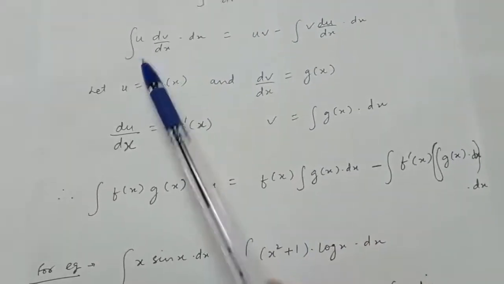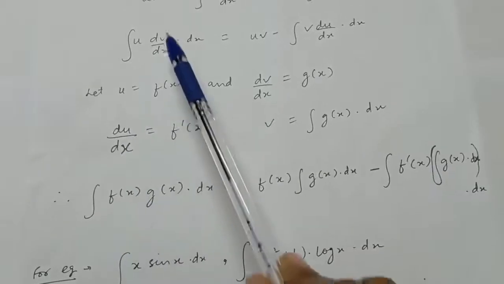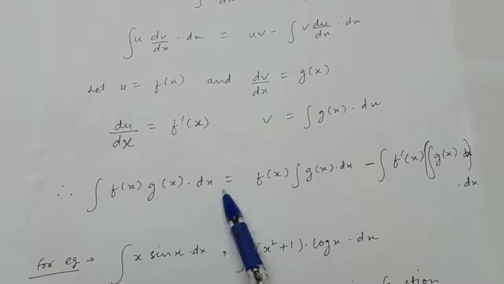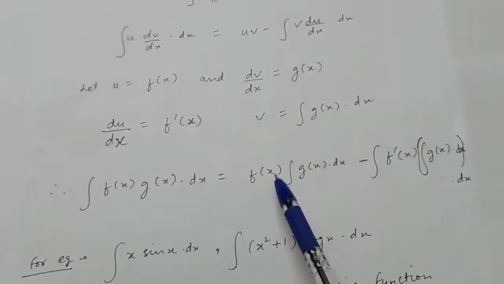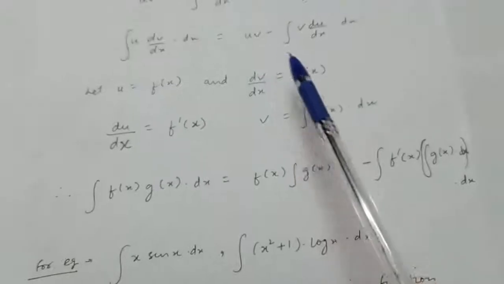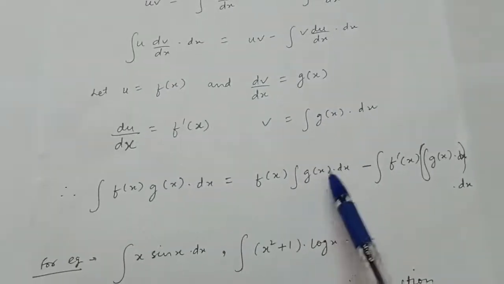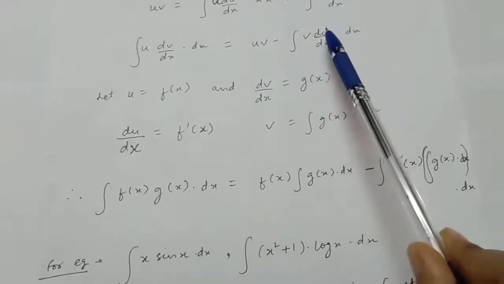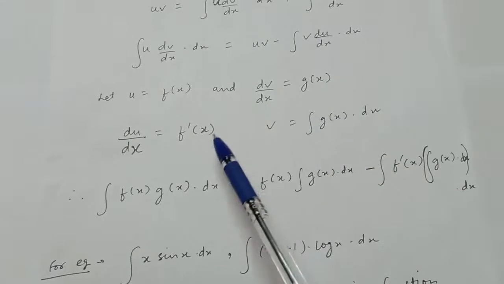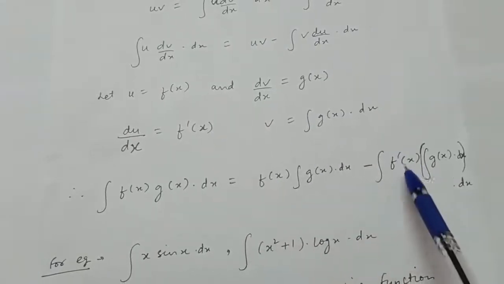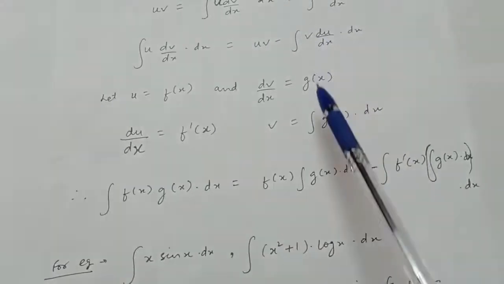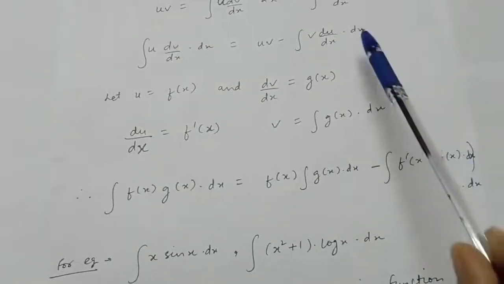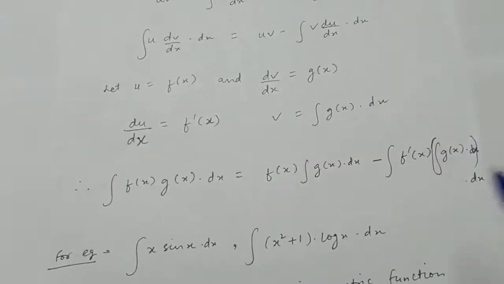So you will get, in place of u, f(x), in place of dv upon dx, g(x) into dx, equal to, in place of u, f(x), in place of v, integral of g(x), minus integral of, in place of du upon dx, f dash x into v, where v is the integral of g(x) dx, and then this dx as it is, right?